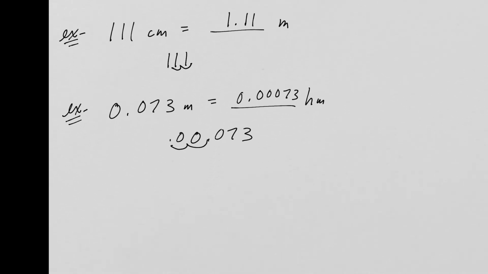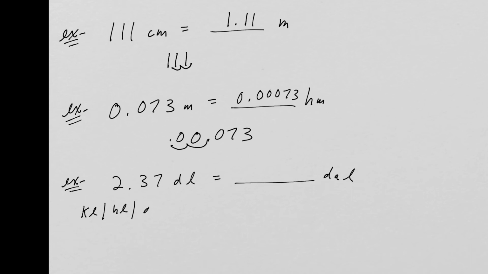Like if I have, I don't know, let's say I have 2.37 deciliters, and I want to convert to deciliters. Okay, so in this case, the table is going to be kiloliter, hectoliter, deciliter, liter.